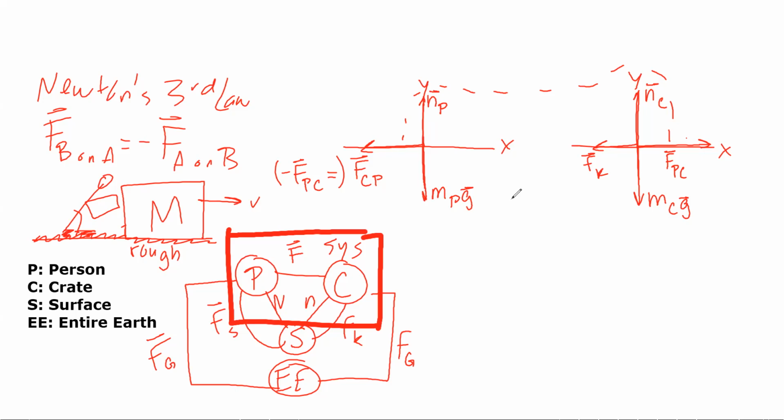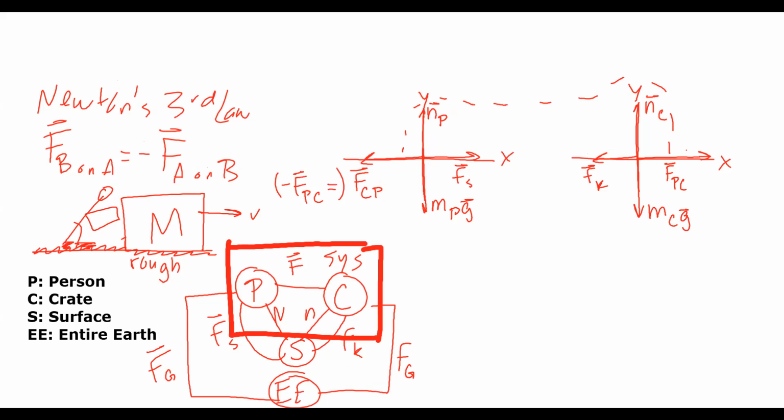And then we have the force of the static friction force on the surface. So that's a good free body diagram for both the person and the crate. There's the interacting object diagram. There are the free body diagrams.